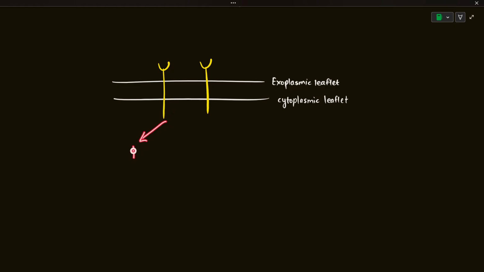Either it has intrinsic enzymatic activity, or it could be coupled with some inactive enzyme, right? So there are two possible scenarios: it has the intrinsic catalytic domain, such as the one we discussed in the last class, when it activates the MAP kinase module.